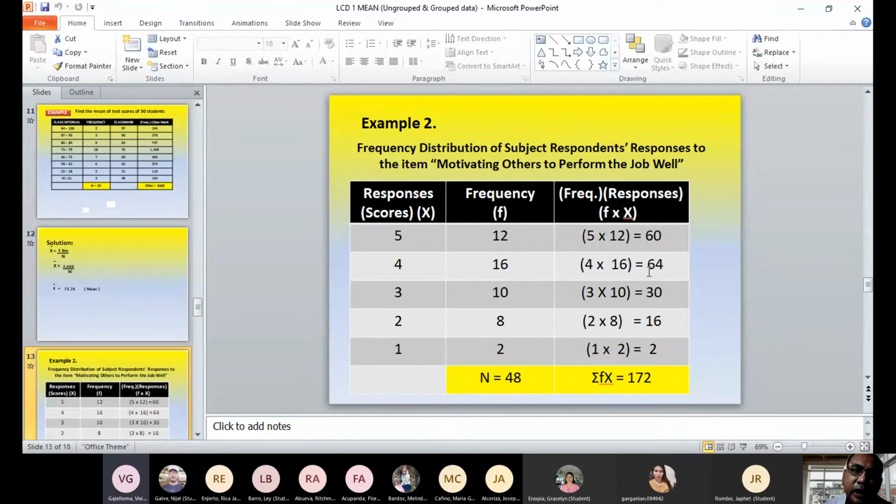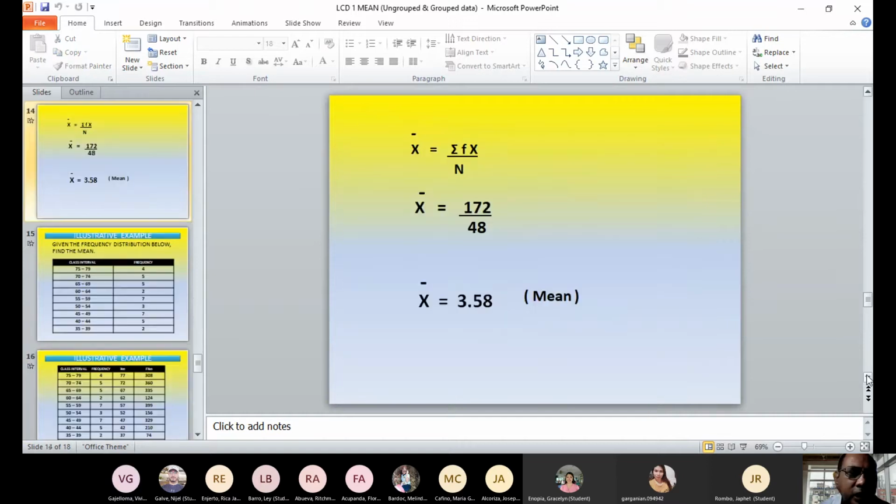Okay? Then find the mean of the given distributions. So you sum up this result. So 172. Then follow the formula to find the mean. So divide this by 48. So the answer is 3.58.